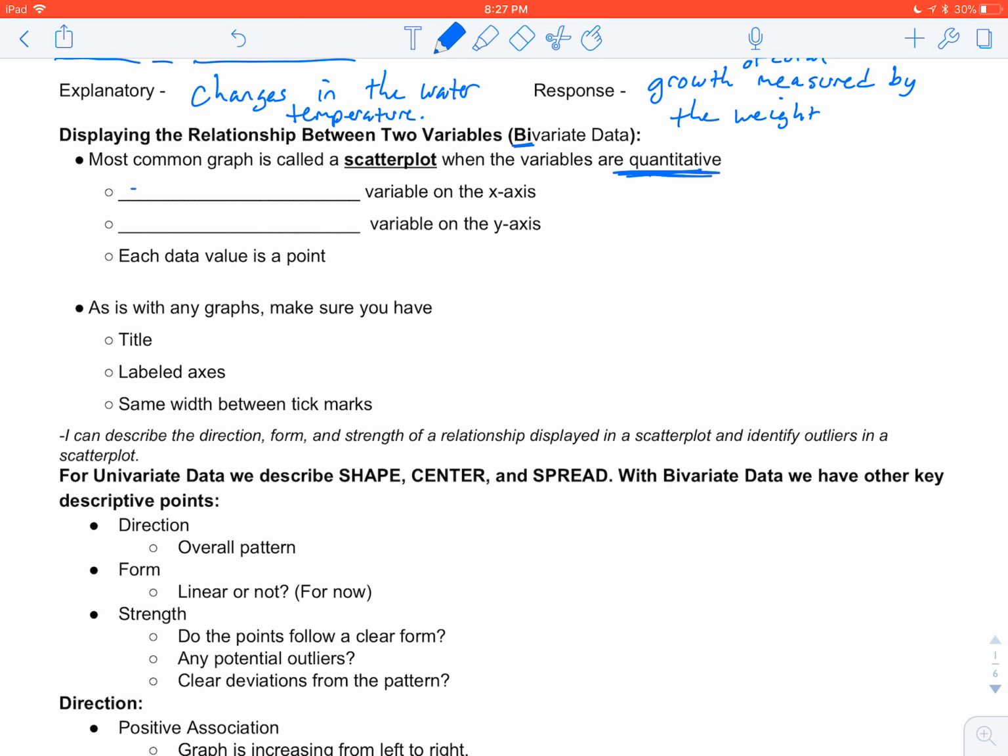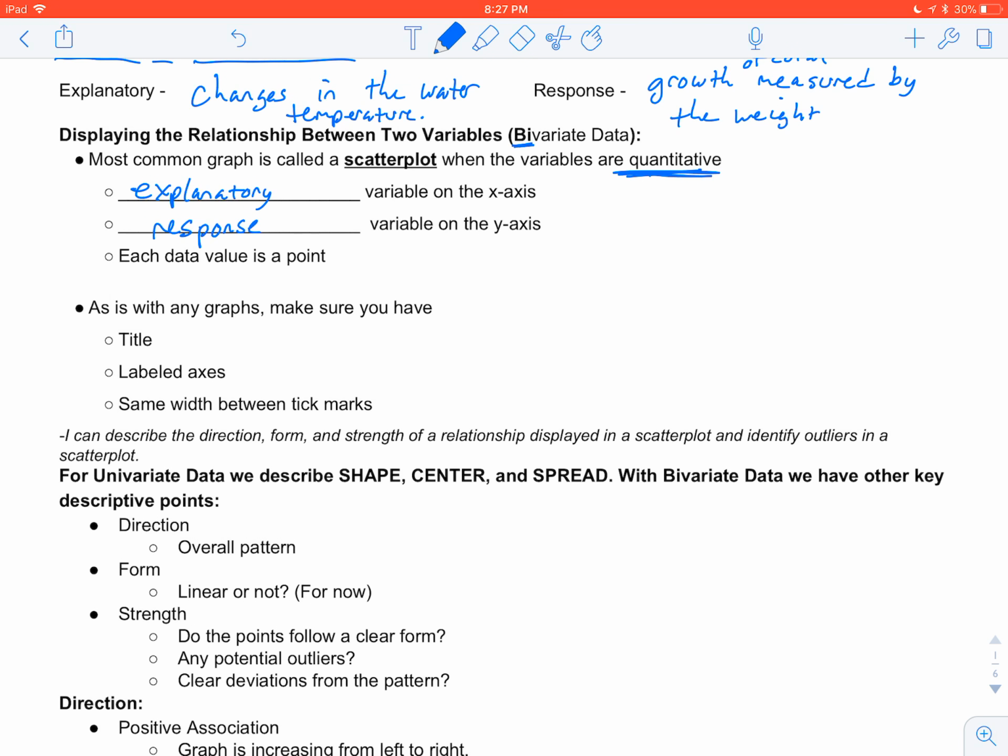Your x-axis will always contain the explanatory, and the y-axis will always contain the response variable. So just like independent and dependent, your x-axis is explanatory and your y-axis is the response variable.